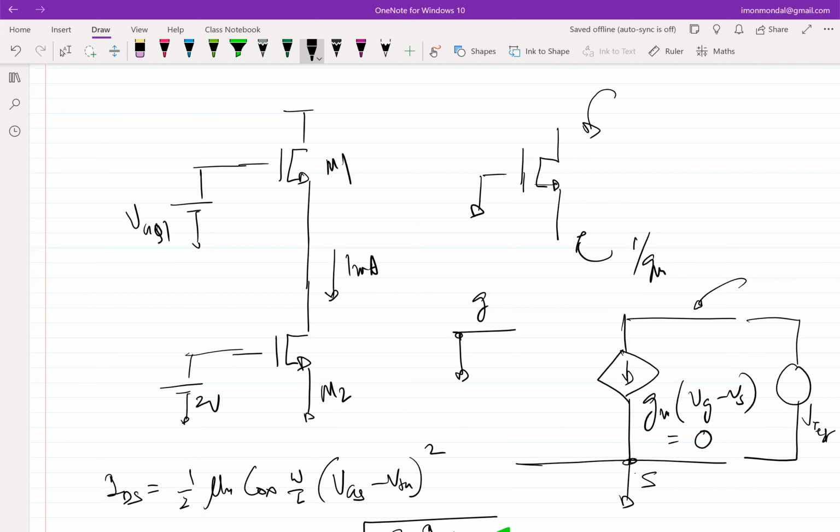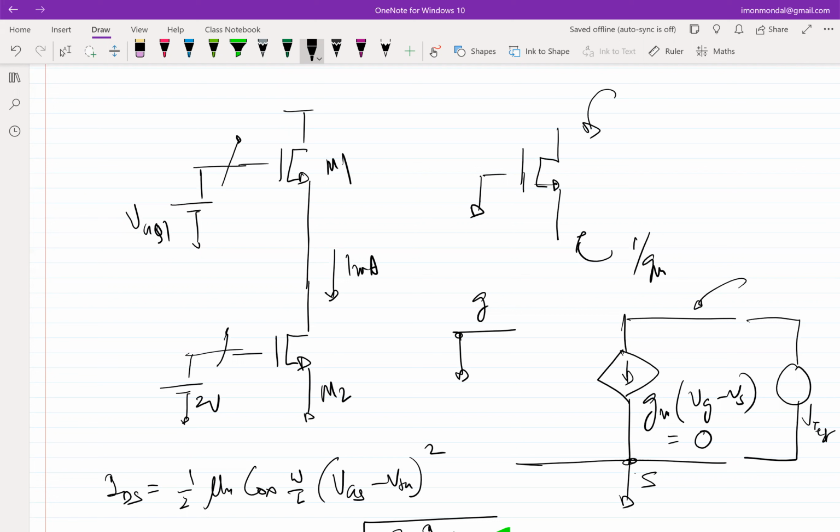M2 is setting the current in this stack. What I mean essentially is that if I change the gate voltage of M2, the current changes, right? If I change the gate voltage of M1, will the current change? It will not change, right?